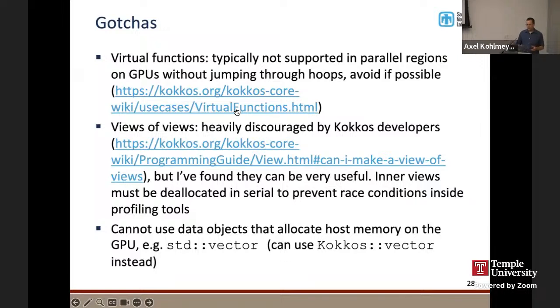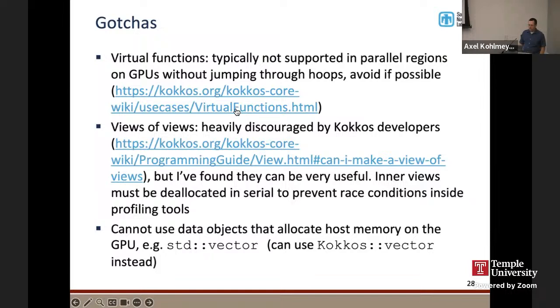And you have to jump through hoops to get that vtable on the device so that you can dereference a virtual function call on the GPU. Now note that this is just inside something like a parallel_for. You can definitely use virtual functions outside of parallel regions with Kokkos, but you just can't use them inside the parallel region.